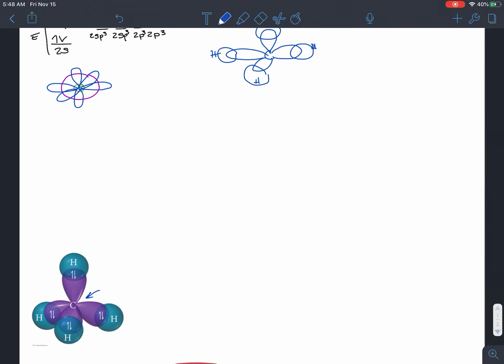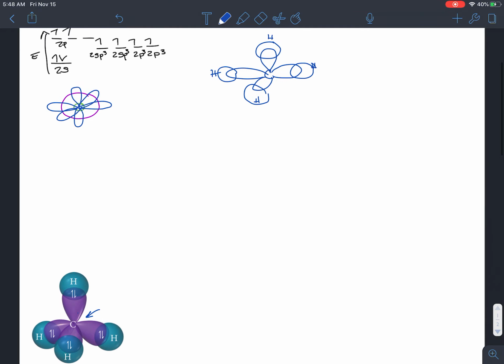Now here's a better picture of that. Right here you can see the carbon in the middle and these three sp3 orbitals. They are bonding with the s orbitals of hydrogen, giving you a pair of electrons. Sometimes the spin of the electrons is confusing to students, but electrons will shift in the way to pair when the orbitals overlap to form a bond.